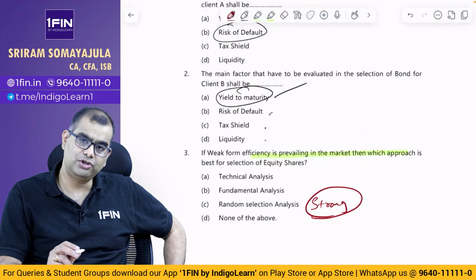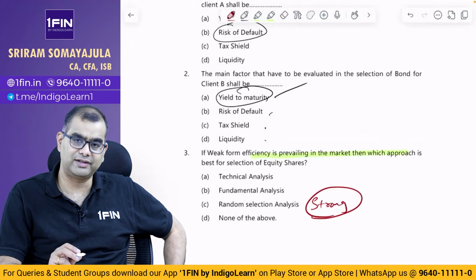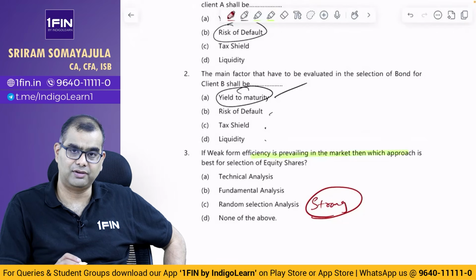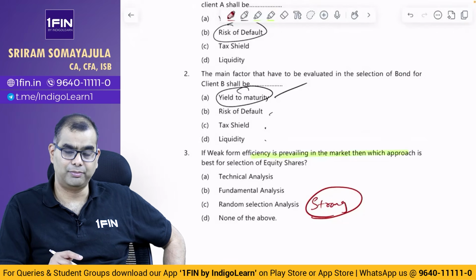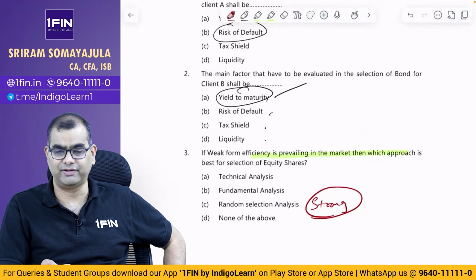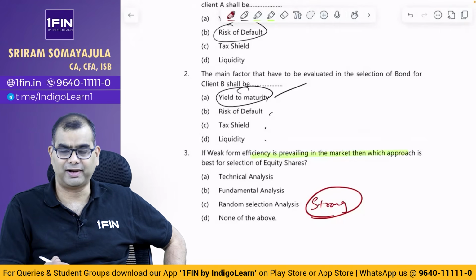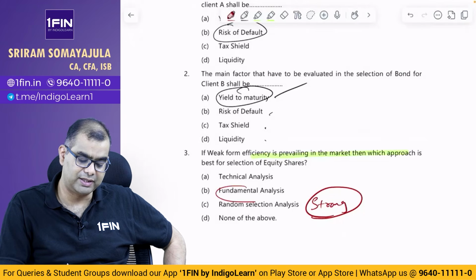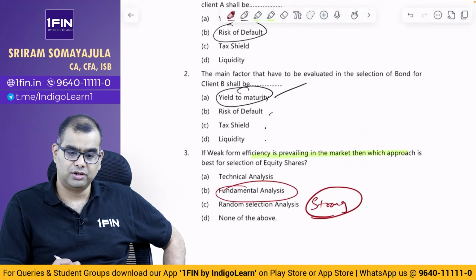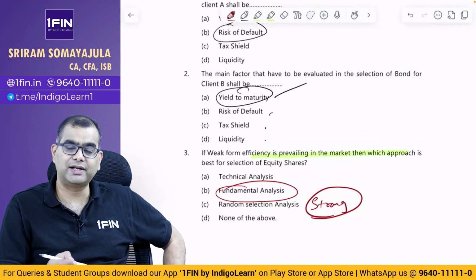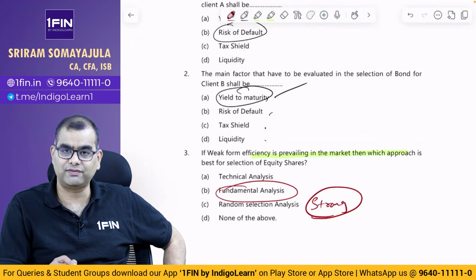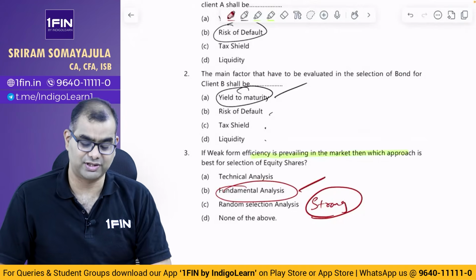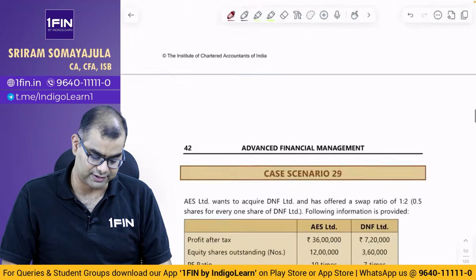Now if past volumes and price data are reflected in the price, then it is a weak form of market. So basically future data is not available, whether public or private. So then how do you make money? You make money by doing fundamental analysis, where all public data is not yet reflected. So if you are aware of public data, you can make money. So the answer is fundamental, not technical. Initially I was also thinking it is technical, but then I realized that it is not technical.